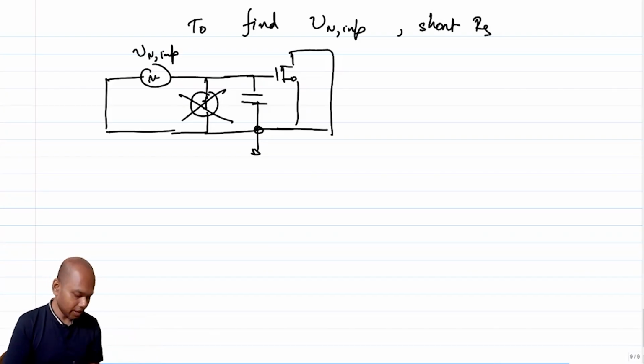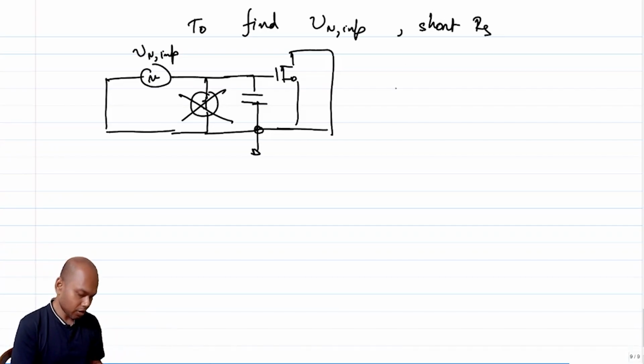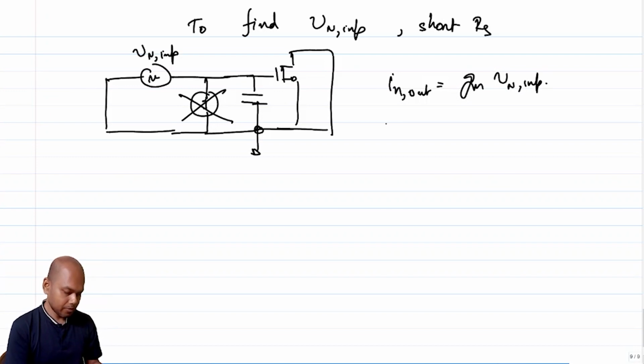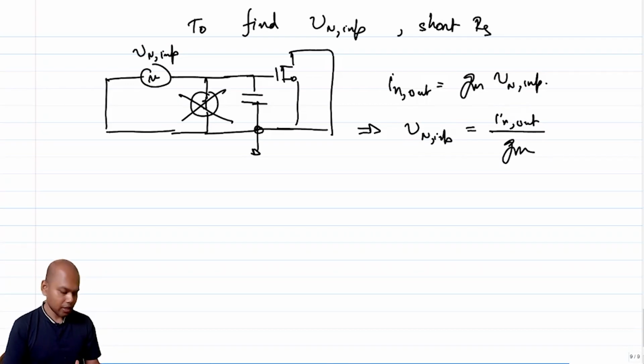So I have only Vn INP. The capacitor also does not play a role because Vn INP comes in parallel to the capacitor. So, again, like before, your In out is gm times Vn INP, which means that your Vn INP is In out by gm, correct?